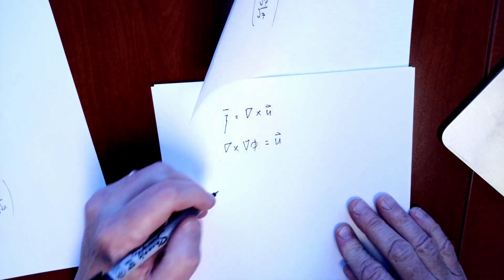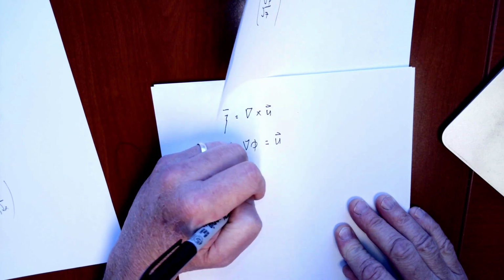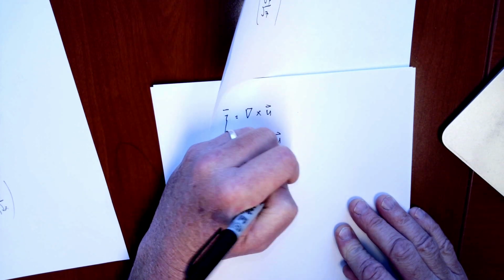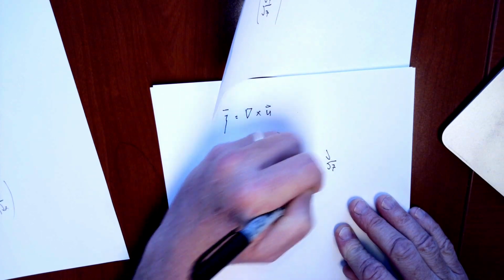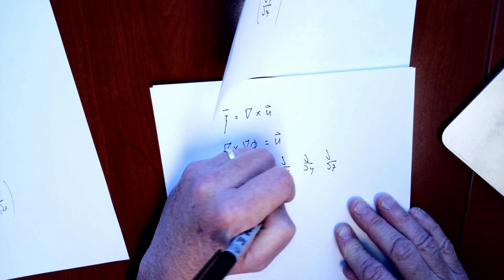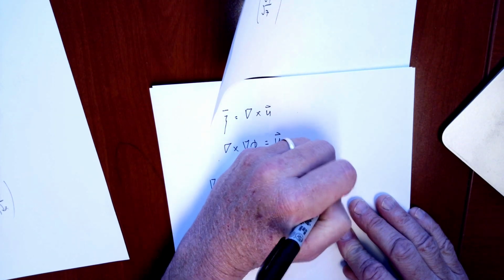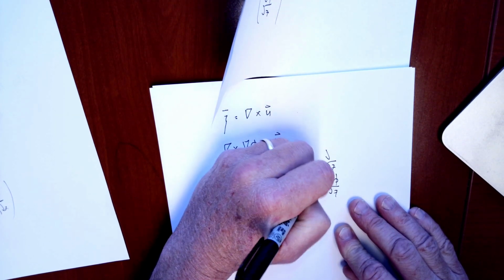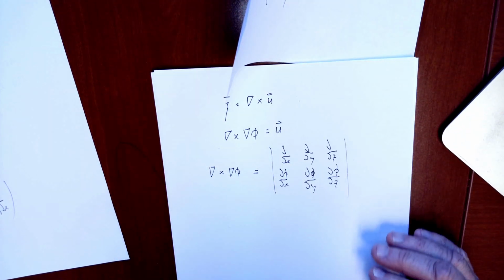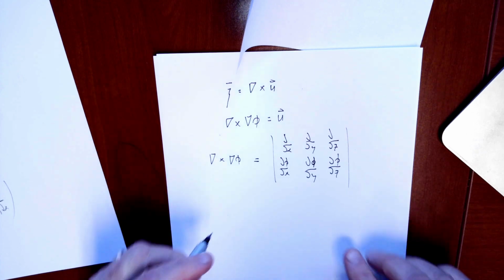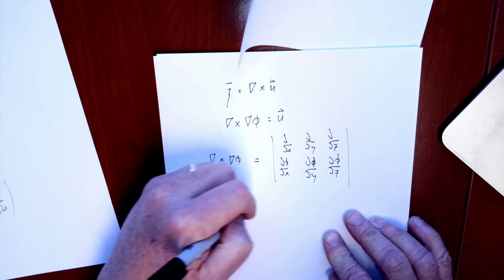So I have del cross grad phi. I need to find that. I'm going to put my three rows: my del row, d by dx, d by dy, d by dz, and then my grad phi row, d phi dx, d phi dy, and d phi dz. So those are my two rows to calculate my cross product. My first element is the x element of this.